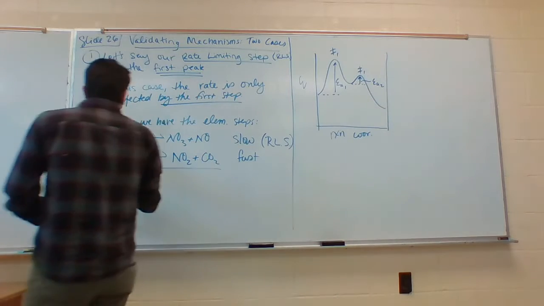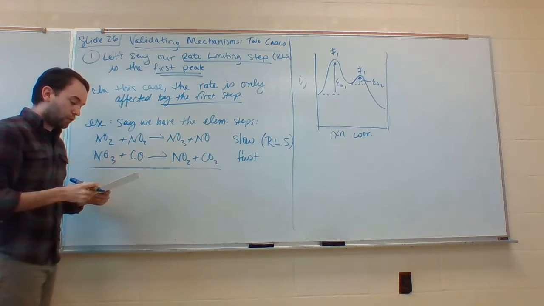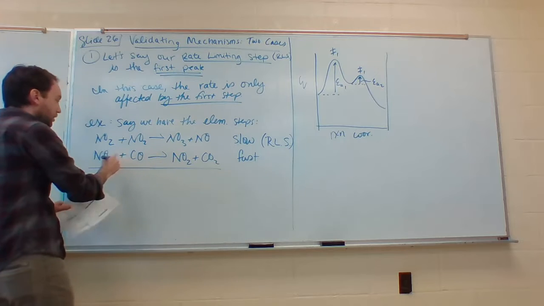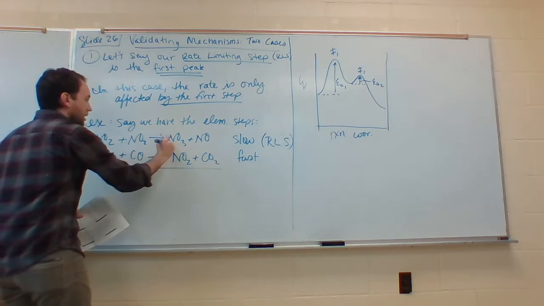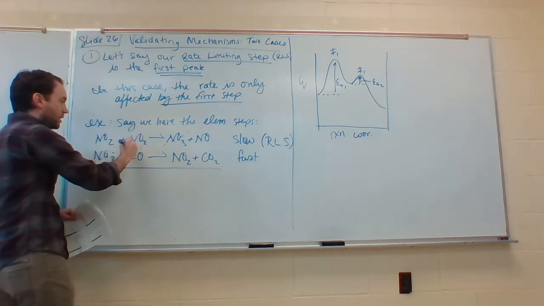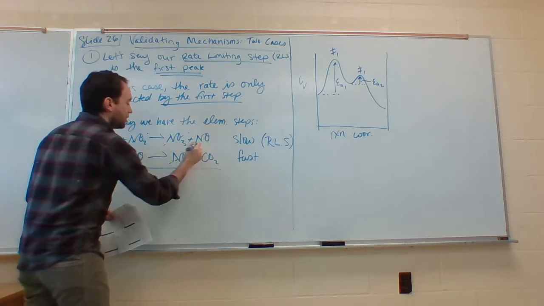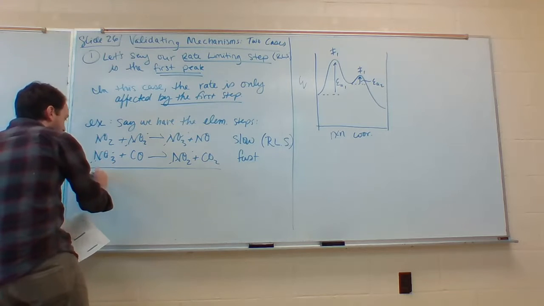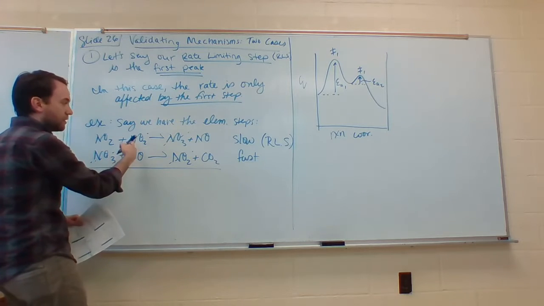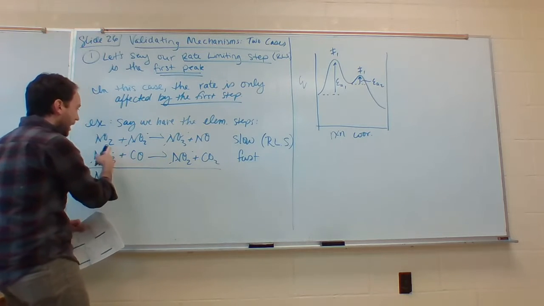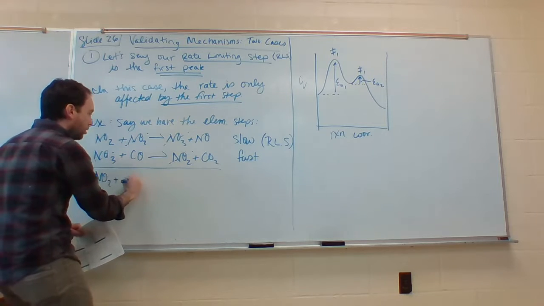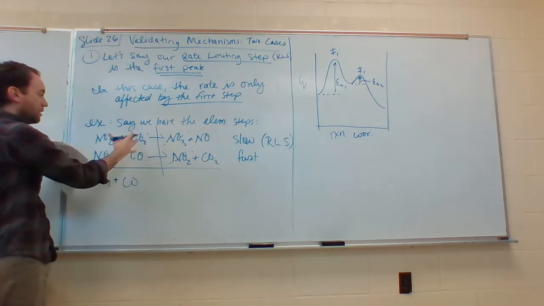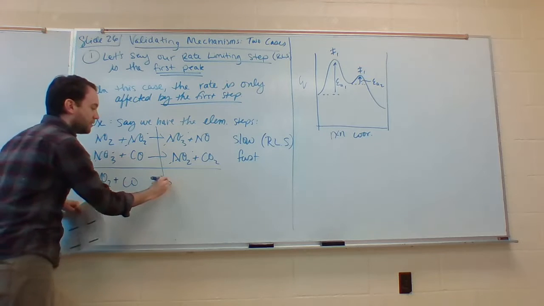Now, when we want to build our overall reaction, what we're going to do is cancel everything that we can. If it appears on the left, we can cancel it on the right. That leaves us with an NO2 because one of the NO2s was canceled. We add the CO. Basically everything to the left gets added on the left side of the arrow.